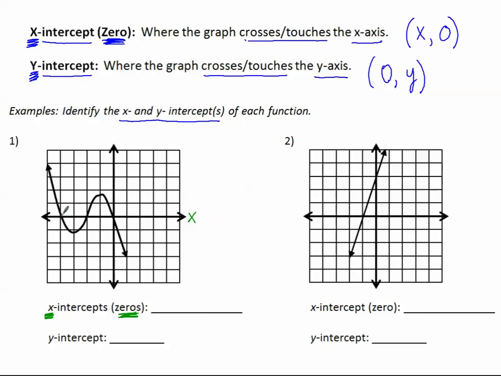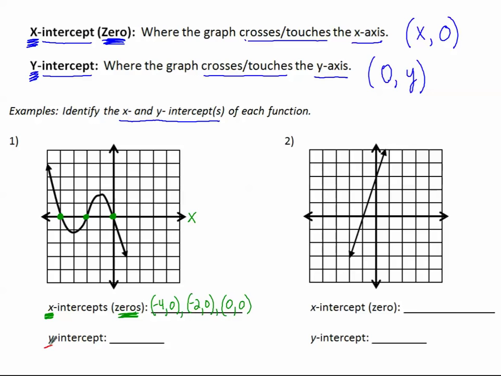Let's show where all of the x-intercepts, or the zeros, are, and then we write them as ordered pairs. Let's start with the lowest one. That's -4, 0. Because we don't go up any, it's on the x-axis. Another one is -2, 0. And the third one is at the origin, 0, 0.